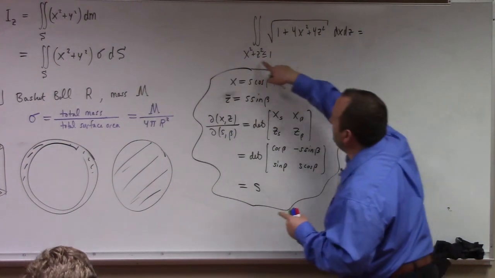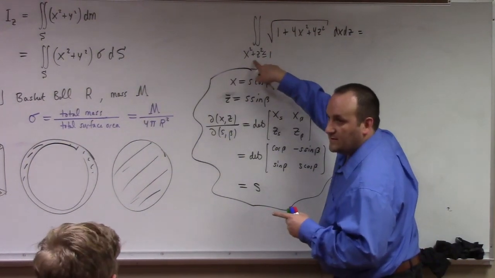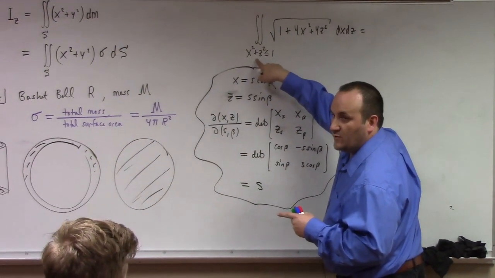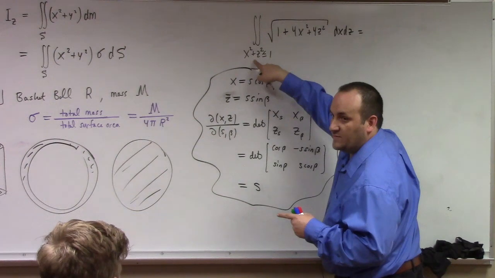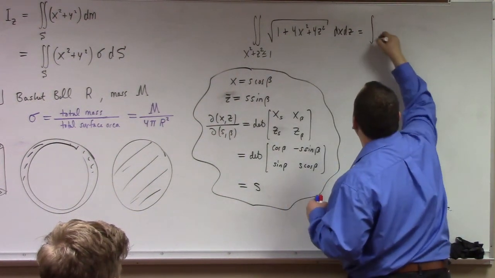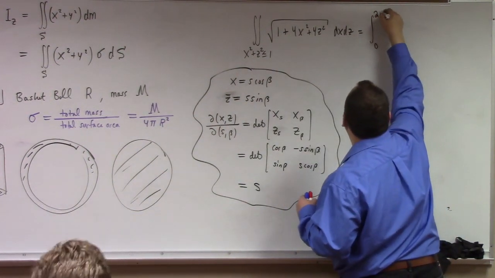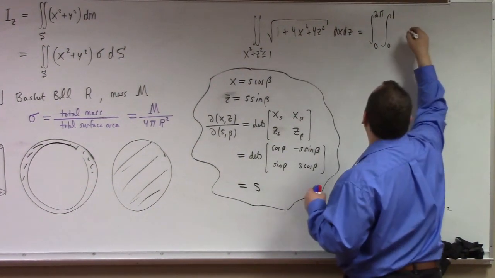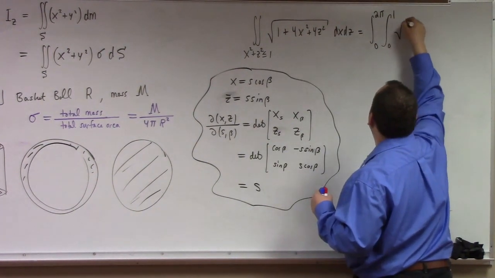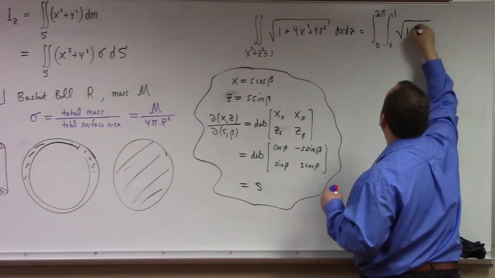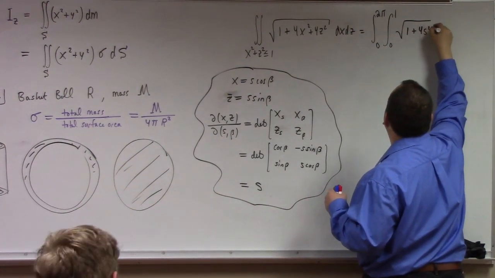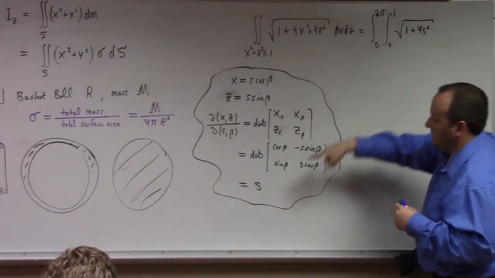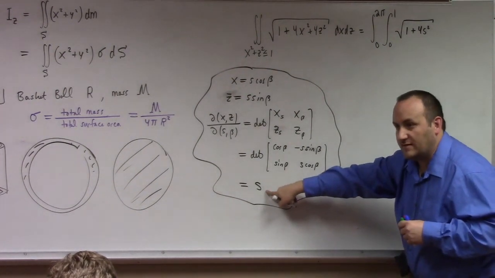On the other hand, what is this region? In terms of these modified polar coordinates, this is nothing more than 0 to 1 for s. So in the s, beta coordinate system, this integration becomes 0 to 2 pi, 0 to 1. What's this? This is the square root of 1 plus 4s squared. And what's my area element? It's actually s ds d beta.